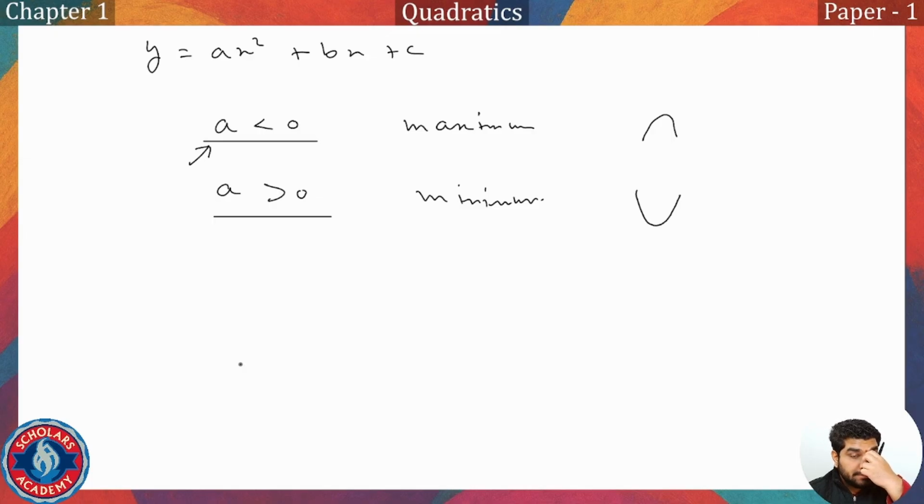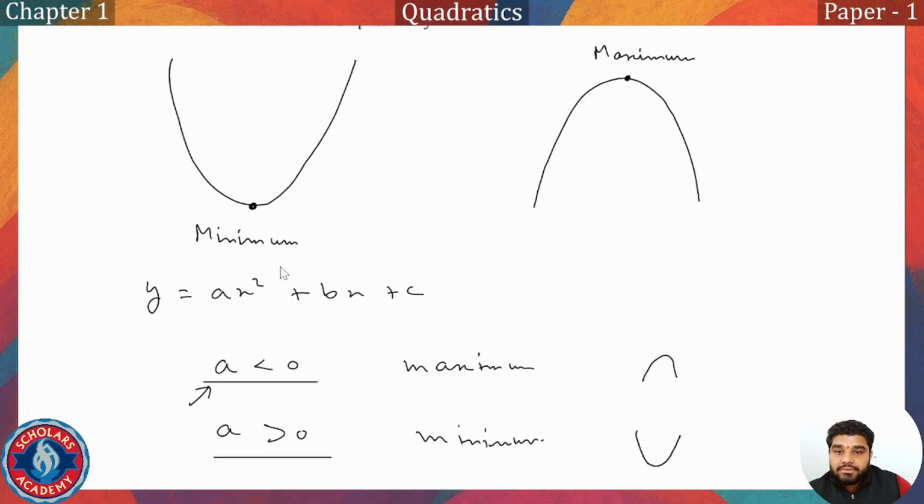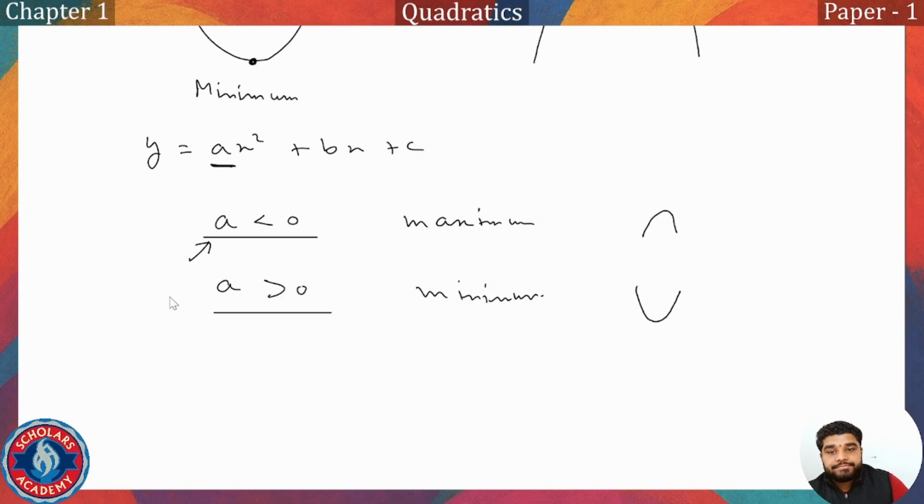All right, so this is what we get to know from a. We get to know what type of orientation the parabola will follow, and this orientation depends only and only upon this coefficient of x square.